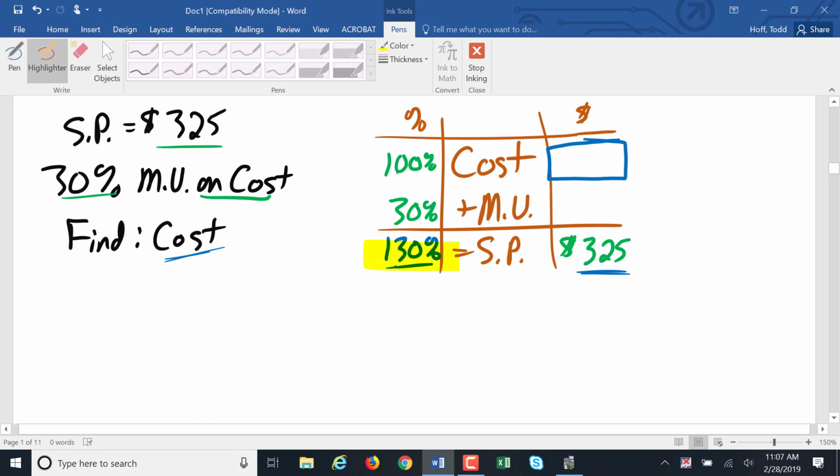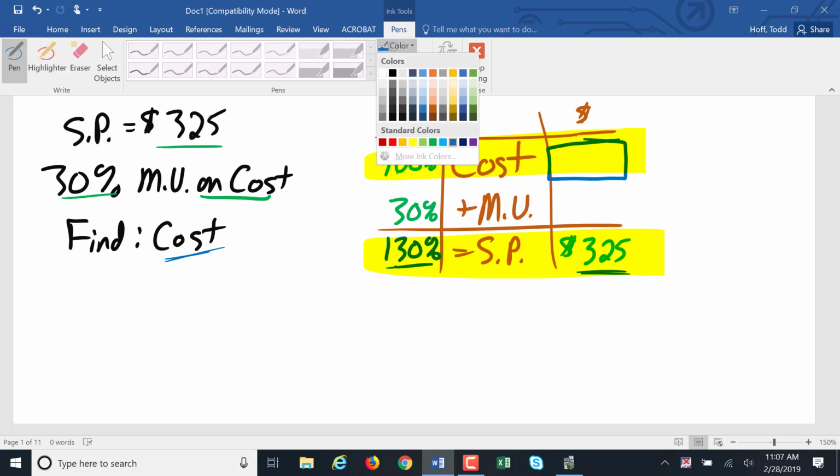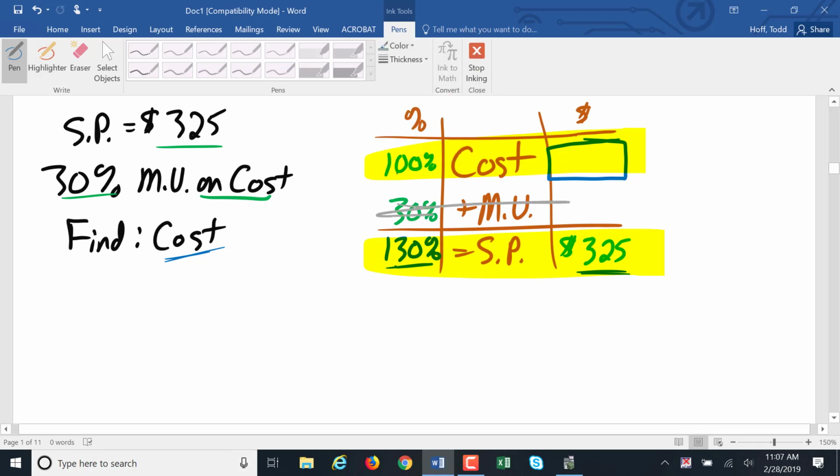So for this one, the selling price is the row where we have both the percent and the dollar amount. The cost is the row that has what we're looking for, and we do have the number on the other side. So now for this one, we do not need this middle row.